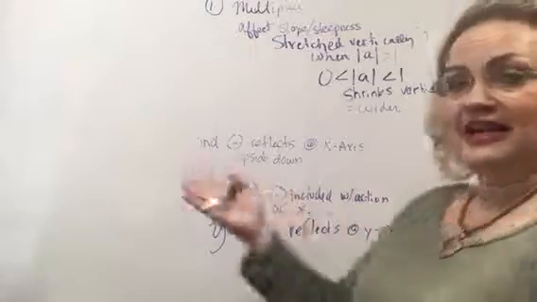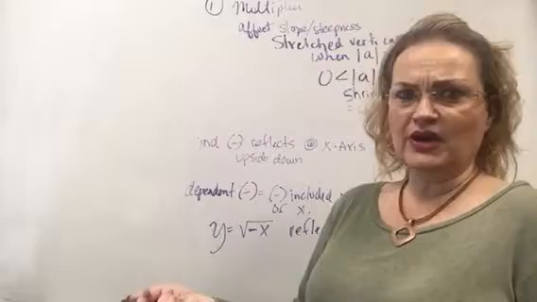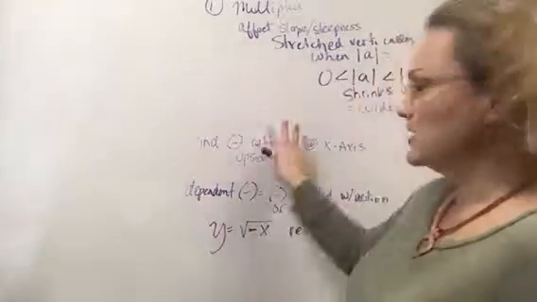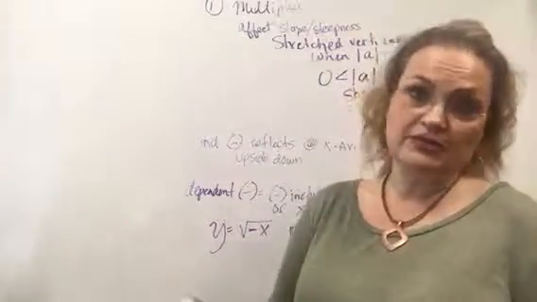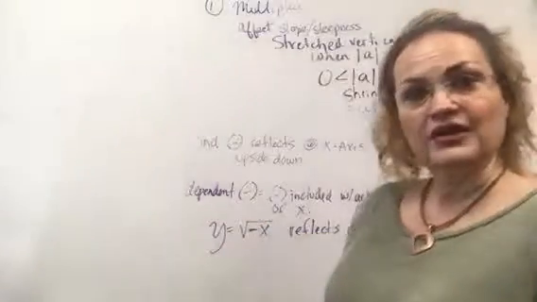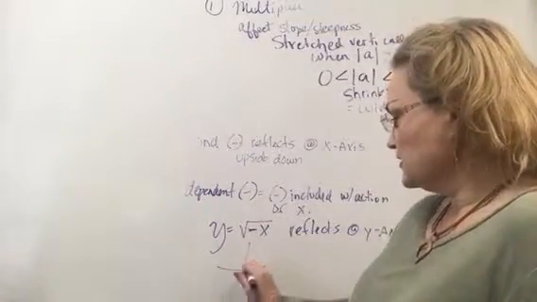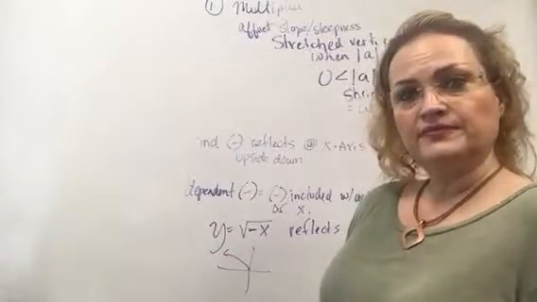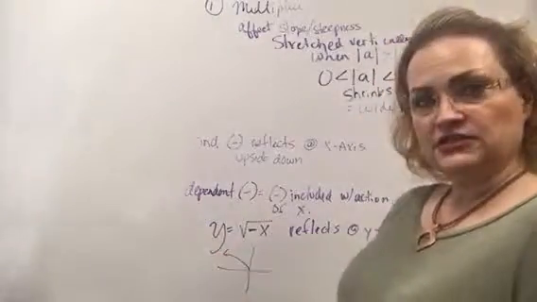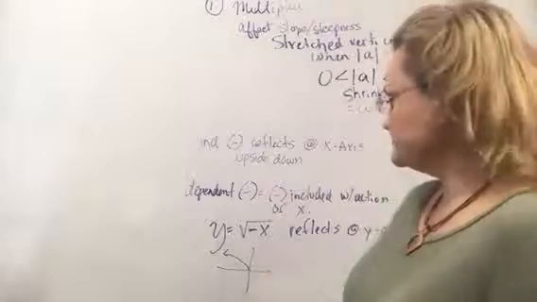So it reflects it left-right. We don't do that quite as much, by the way. You'll notice in your homework problems, we use the first one where we flip it upside down most often, but do be aware that this is also a rule. So that would look like the arc going the other way, flipped over across the y-axis, reflected about the y-axis.